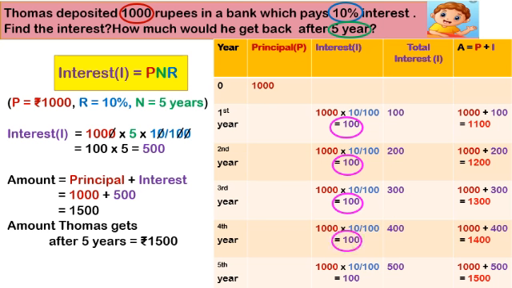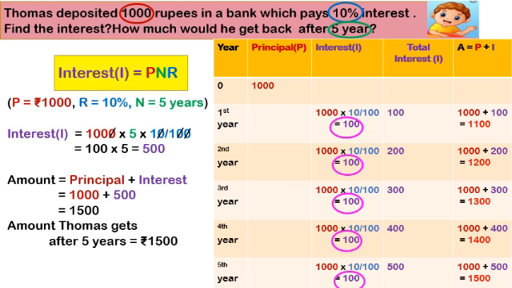Yes, fourth and fifth year also interest is the same, 100 rupees. And you can see each year 100 rupees interest is added with the principal amount. And every year Thomas gets an interest on the principal amount he deposited in the bank. It is the same interest every year.